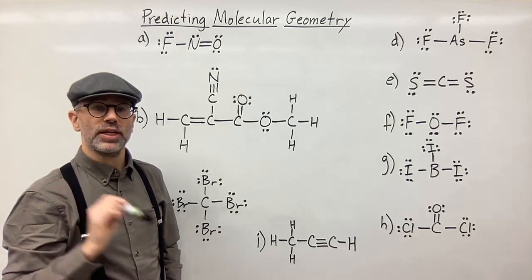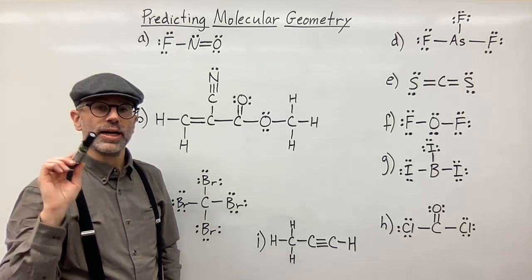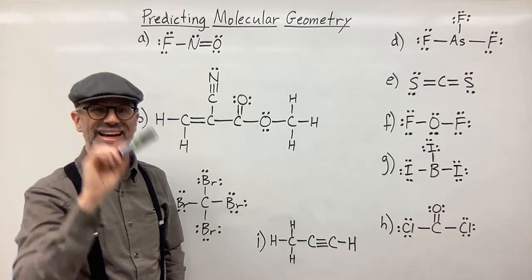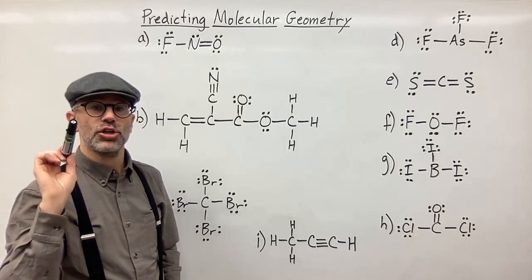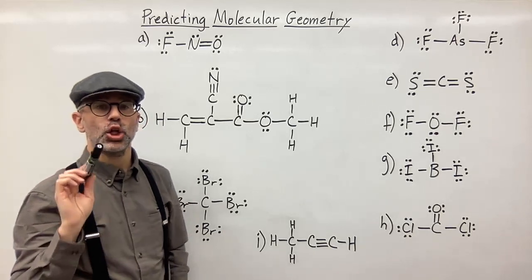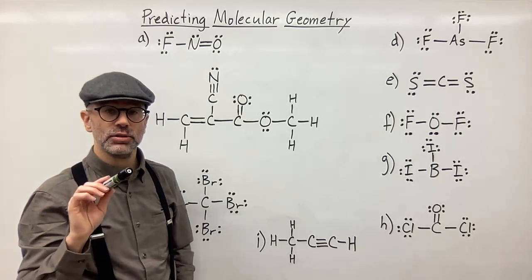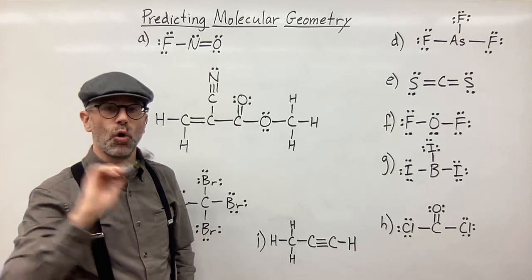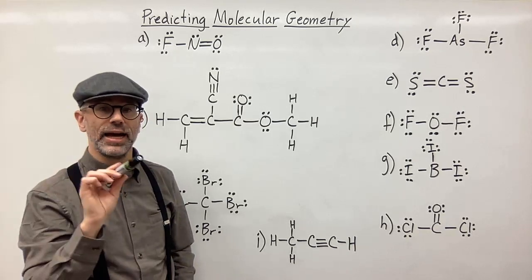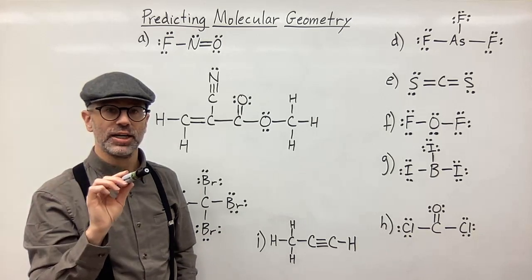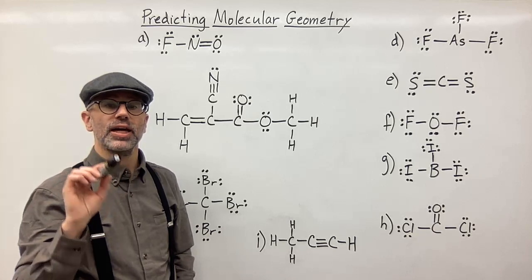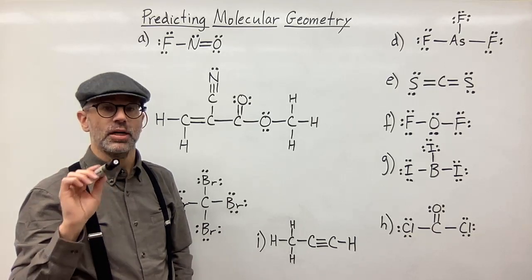For the electron group geometry, you are counting all the bonding and non-bonding groups together, so you include the lone pairs in your count. In the molecular geometry, you are ignoring lone pairs and only looking at the atoms and how they are connected. That will determine what the molecular geometry is.